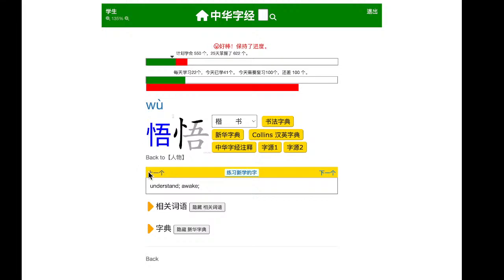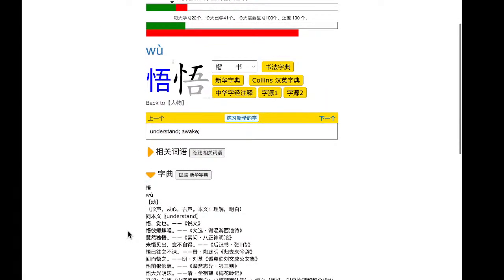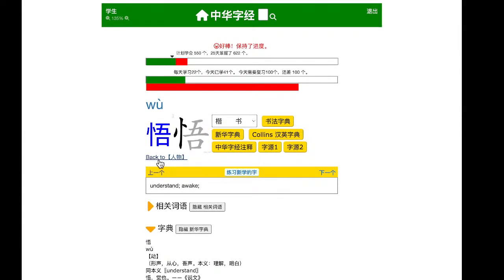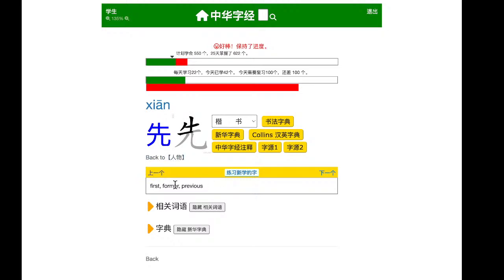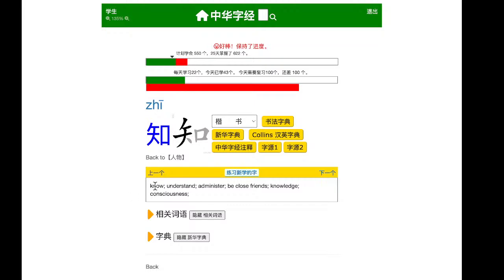悟 means understand or awake. If you're saying that, it's more like woke, before woke got polluted by all kinds of other meanings. Comprehend completely. 觉悟. 先 is the first, former, or previous. 知 is to know, understand, or administer knowledge or consciousness.